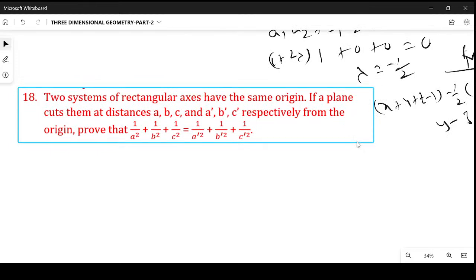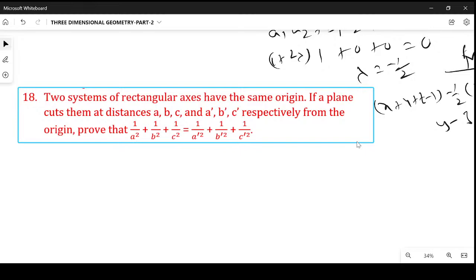Alright. Two systems of rectangular axes have the same origin. If a plane cuts at distances A, B, C and A dash, B dash, C dash respectively from the origin, prove that 1 by A square plus 1 by B square plus 1 by C square equals 1 by A dash square plus 1 by B dash square plus 1 by C dash square. You can see this problem.